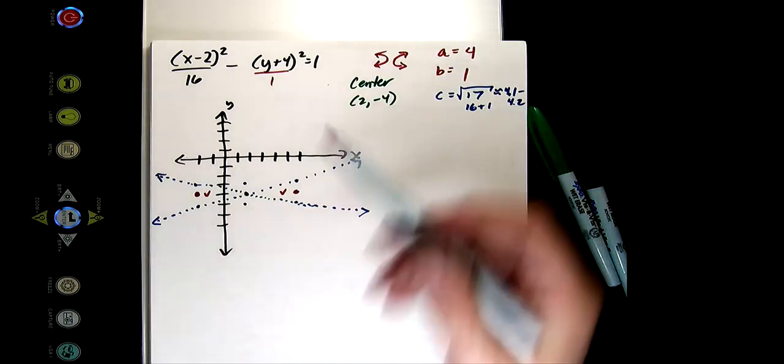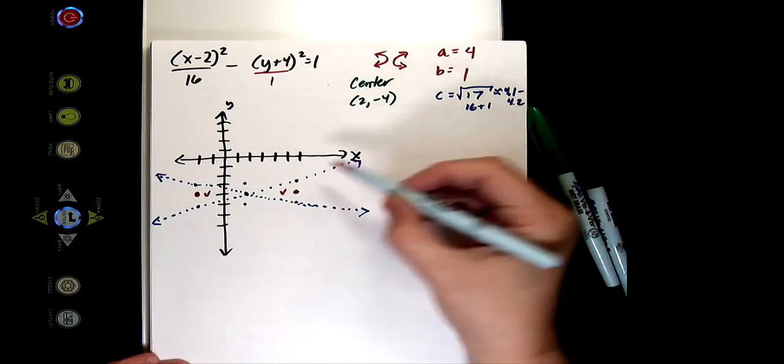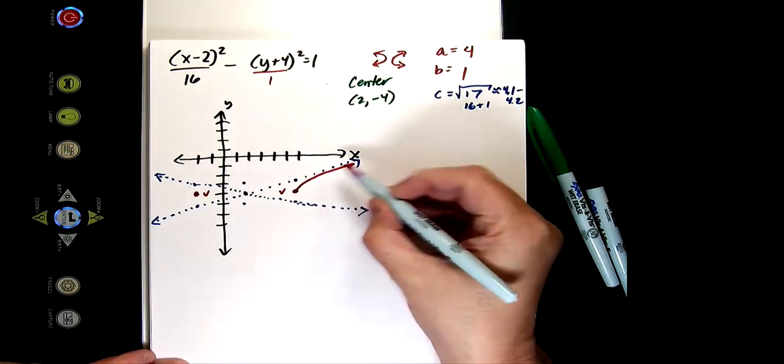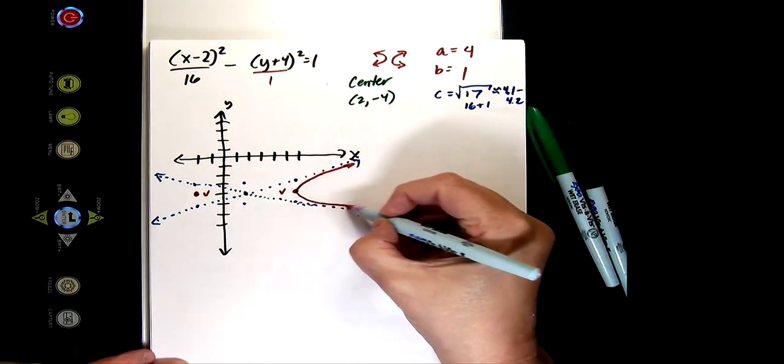So they open left and right. You said that above, and I follow the asymptotes, which means this is very narrow, isn't it?